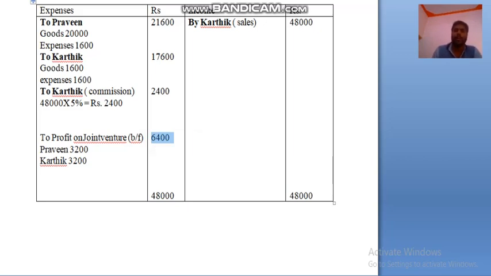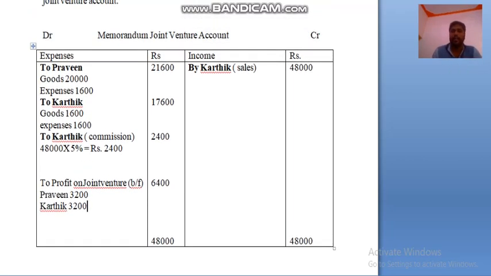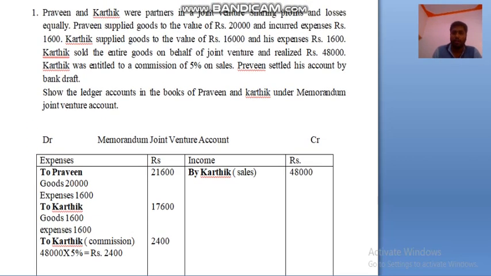This profit is divided between Praveen and Karthik in equal ratio, because the problem only said to distribute the profit equally. So for Praveen 3,200, for Karthik 3,200. So this is the Memorandum Joint Venture account, very similar to the Joint Venture account. Now we have to prepare the personal account of Praveen and also of Karthik.